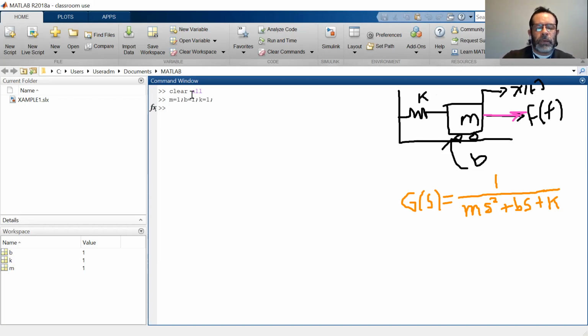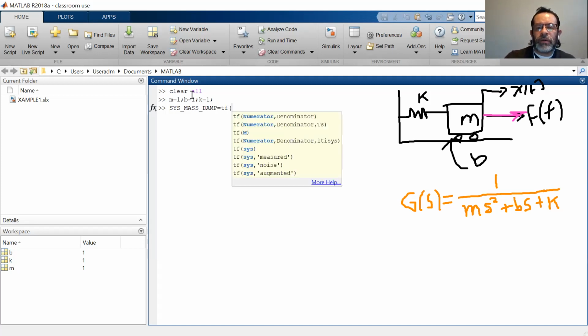And I'm going to call it sys mass damp system, equal to transfer function of the numerator, which is going to be 1.